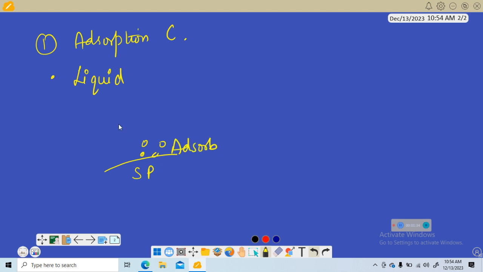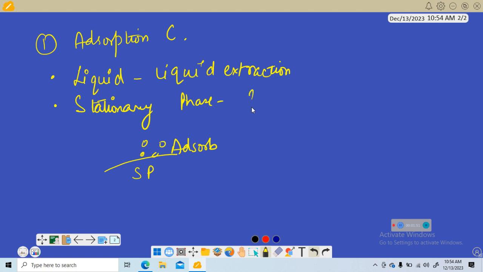Not absorb, adsorb. So here we have liquid extraction. Then the stationary phase is solid state.